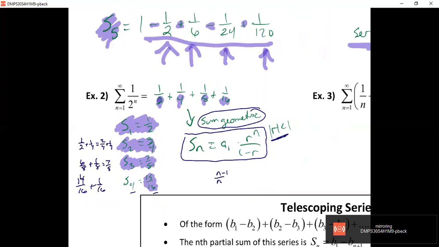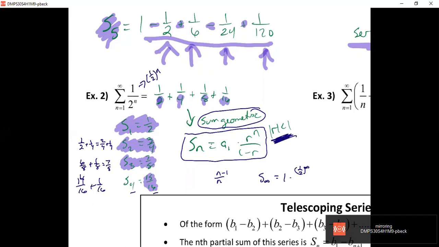Now, this only occurs where the absolute value of the ratio is less than 1. Our ratio here is 1/2, and one way we could see that is we could write this as 1/2 to the nth power. Since our ratio is 1/2, it is less than 1, and we can use the overall sum. The infinite sum, in this case, is going to be 1 times our ratio of 1/2 to the nth power.